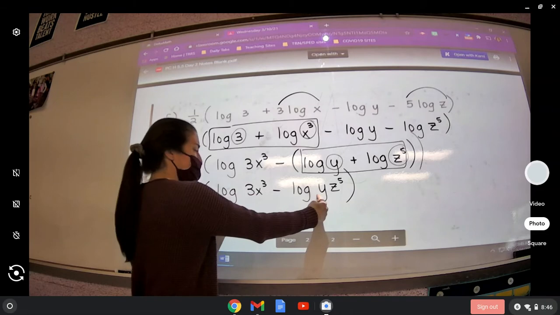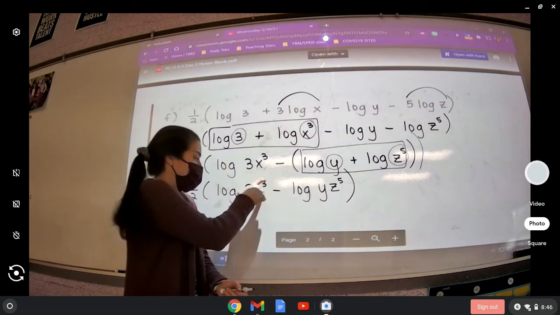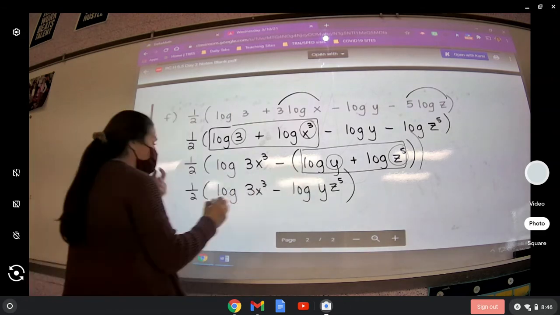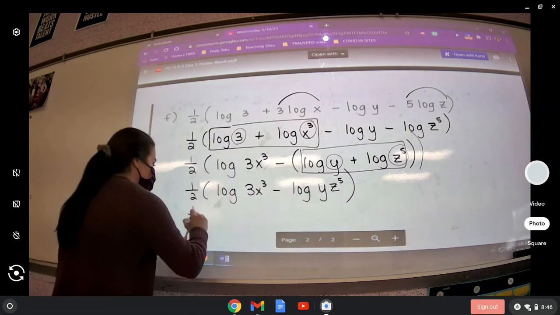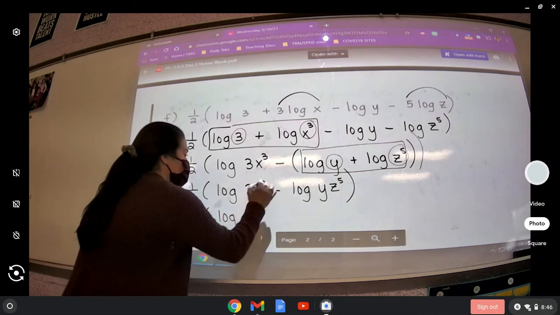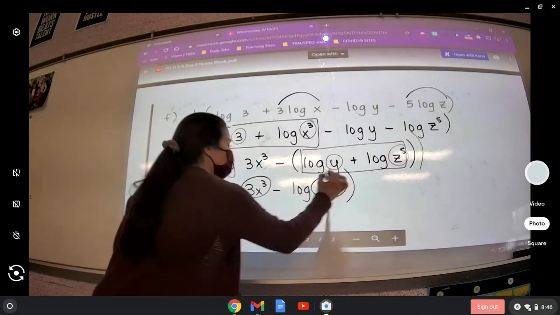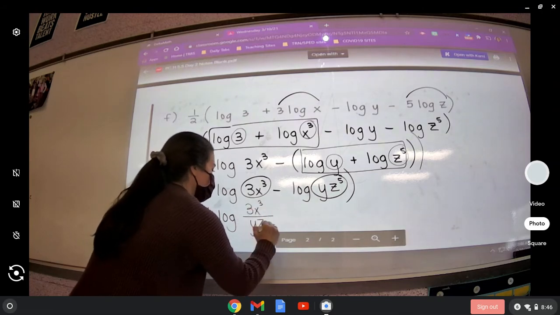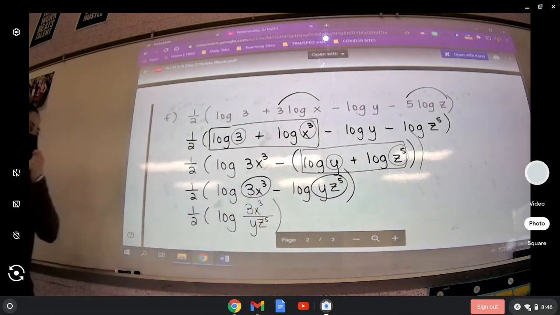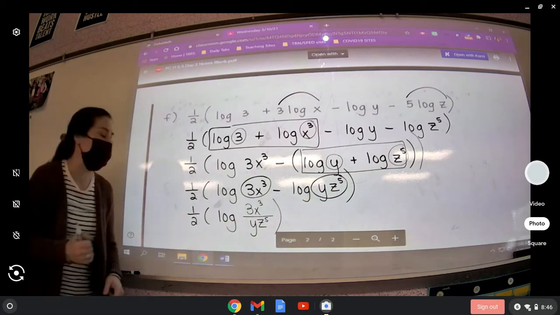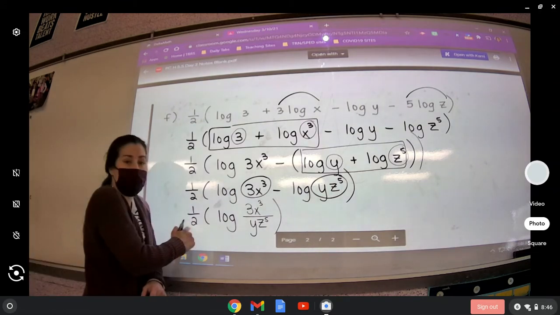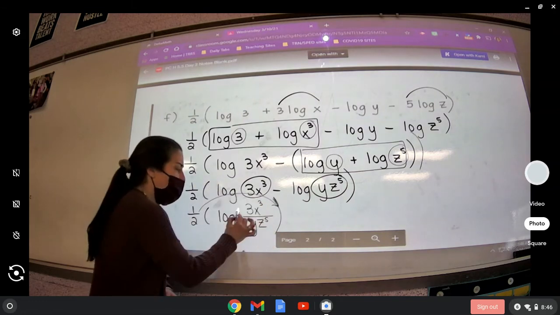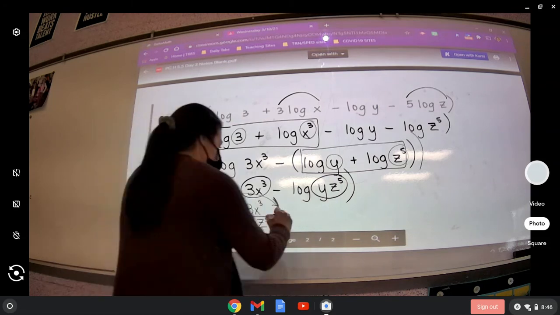So now when I put these back together, I'm only going to create one fraction. This divided by this. All right, so now we can put these back together using division. It'll be this divided by that. Okay. And now the only thing we have left is now we have this factor of 1/2 that must go back up as an exponent on all of that.